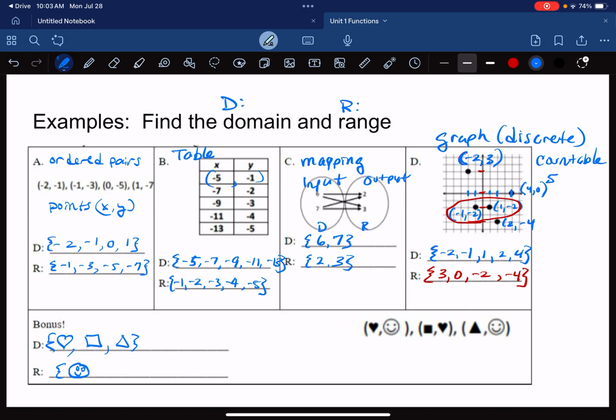There. And then we've got a heart. And we got another smiley. We don't need to write the smiley twice. We've already written it once, so we don't need to repeat that. So if your range values repeat, you don't need to copy them down twice. Okay?